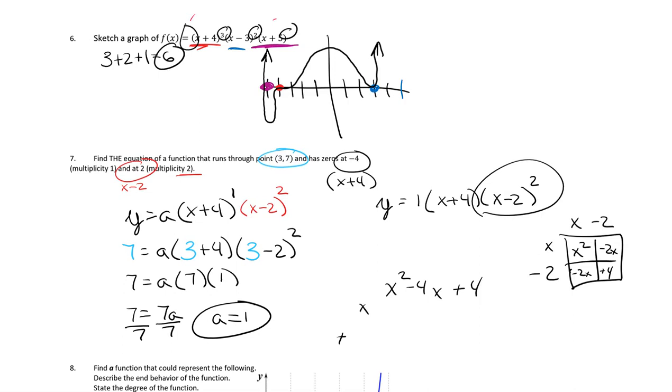I'm going to multiply that by x plus 4. In my box square method, x and x squared is x cubed. X and negative 4x is negative 4x squared. And 4 and x is 4x. This is positive 4x squared. This is negative 16x.